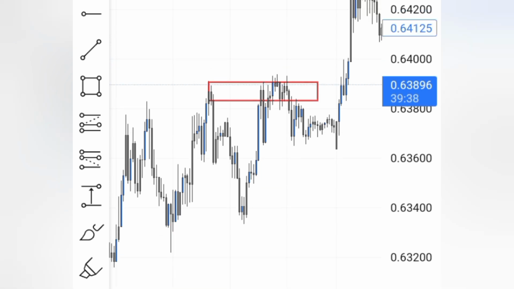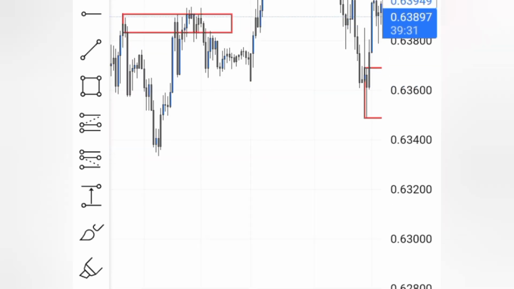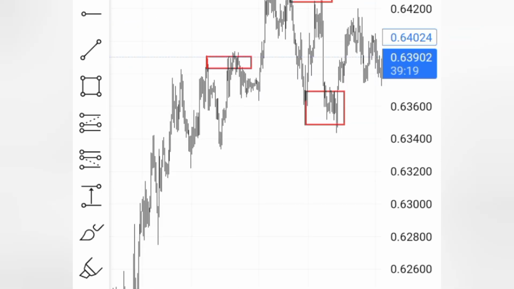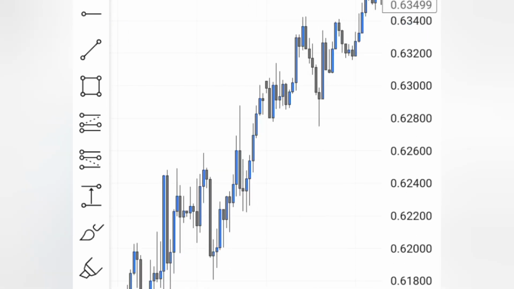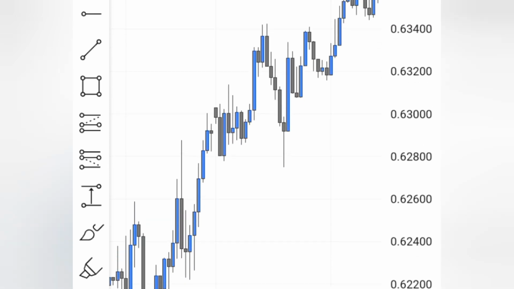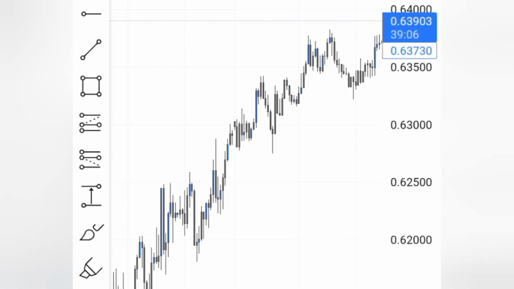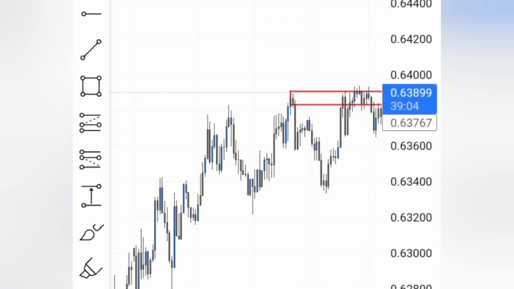Now we shall consider two things that we add to an order block to make it high probability. First of all, we add a fair value gap, and we add what we call a break of market structure to this order block strategy, guys. Always, when we identify an order block, we first see whether there is a fair value gap near that order block, and whether it has made a break of market structure to either side, upside or downside.